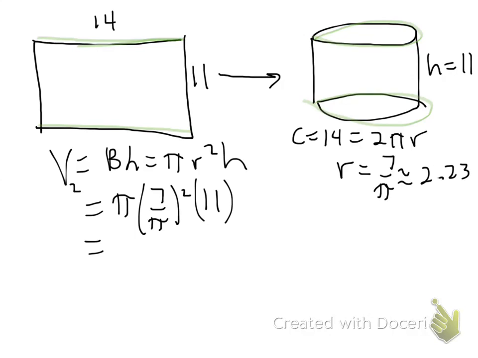And just like the last one, this is going to end up making this a 2 here, and that's a 1, so it's going to cancel out one of those there. So we get something over pi. And then we get 49 times 11, which is 539, which is about 171.6.